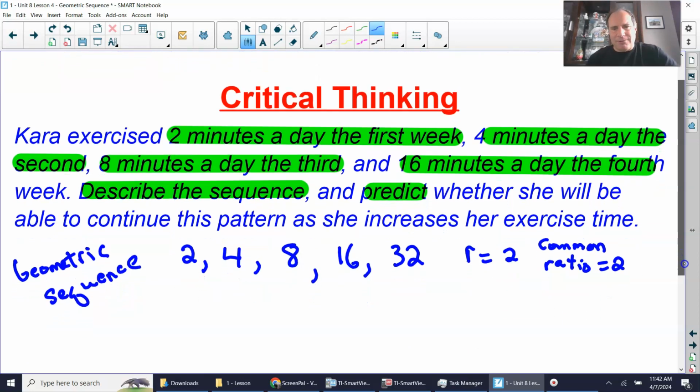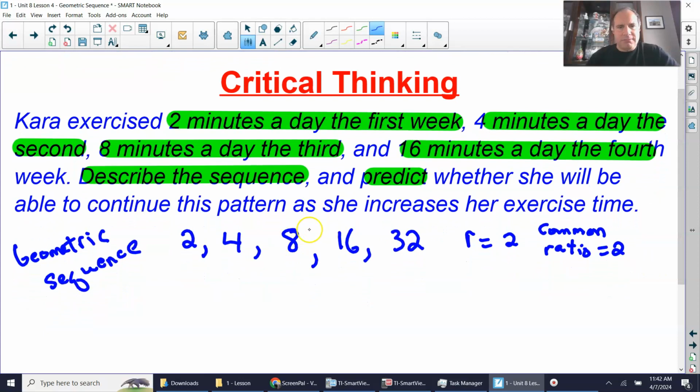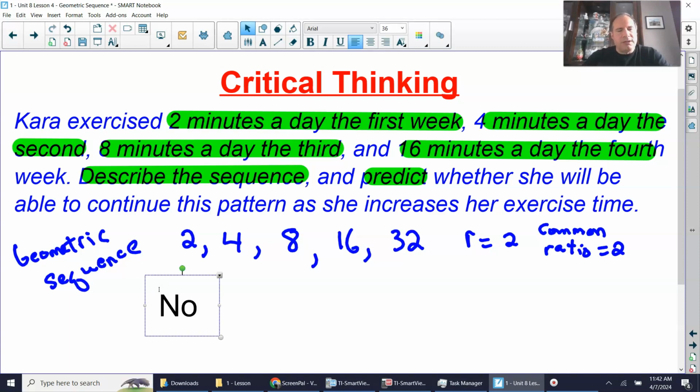Will she be able to continue this pattern as she increases her exercise time? No, she will not be able to continue that pattern, because 32 times 2 is 64, and then 64 times 2 would be a larger number, and then that number times 2, and then that number times 2. She can't keep it up.